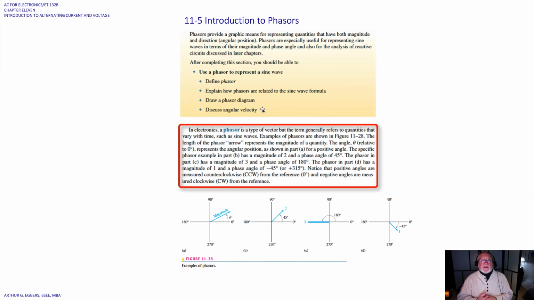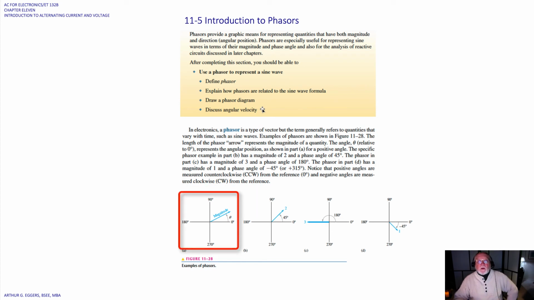In electronics, a phasor is a type of vector, but the term generally refers to quantities that vary with time, such as what we're looking at now, sine waves. Examples of phasors are shown below in diagram 11-28. The length of the phasor arrow represents the magnitude of the quantity.